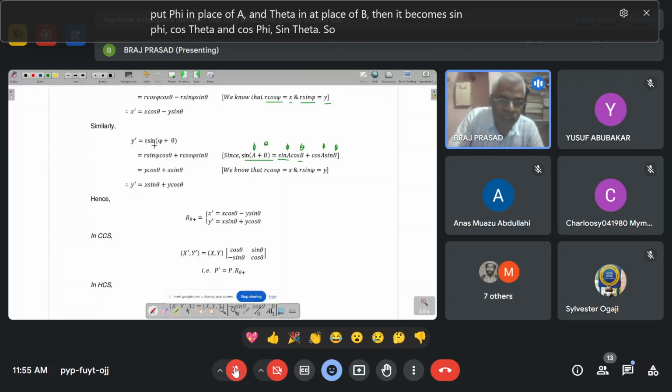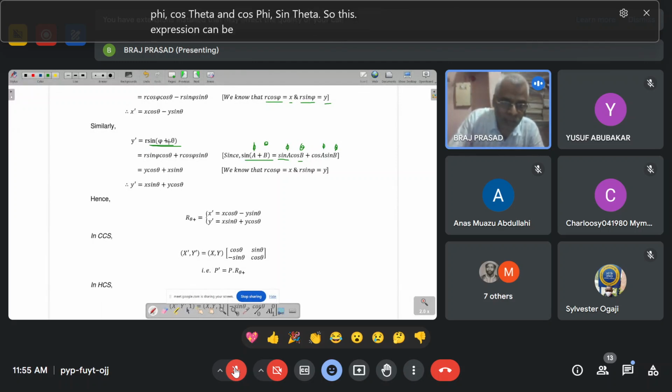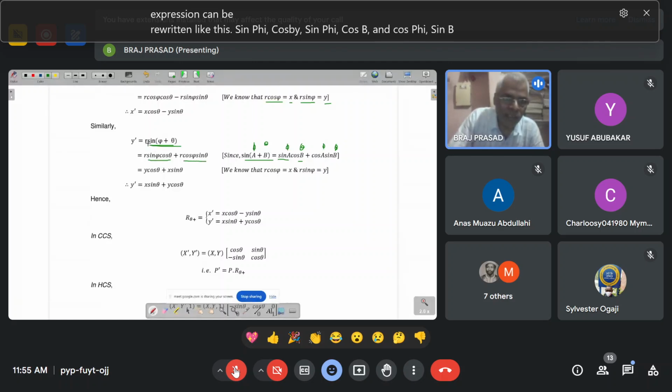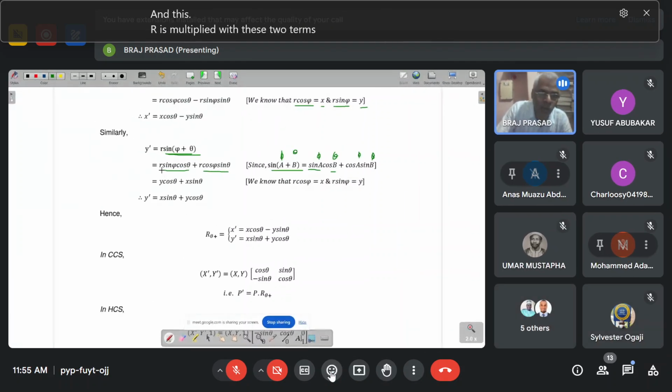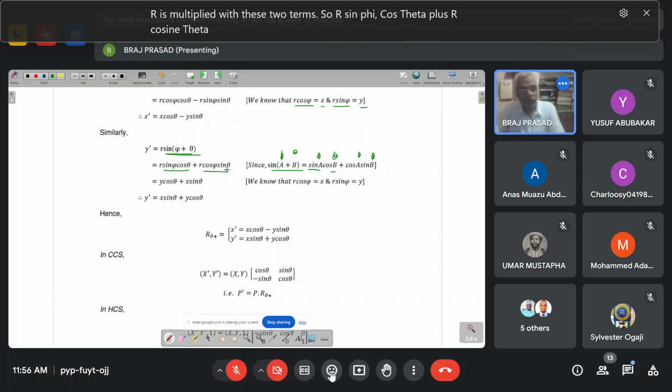So this expression can be rewritten like this, and r is multiplied with these two terms: r sin phi cos theta plus r cos phi sin theta.